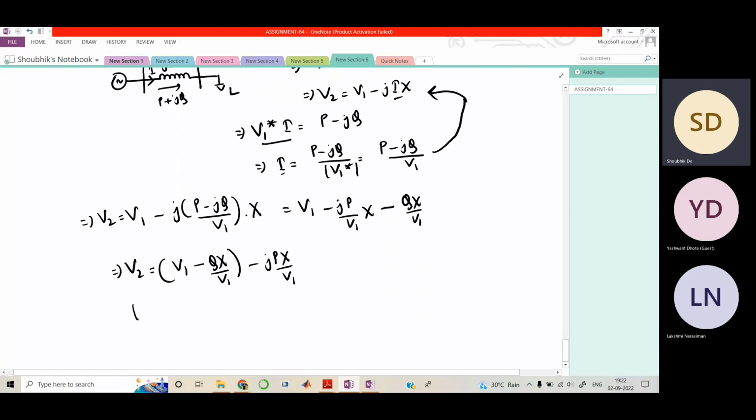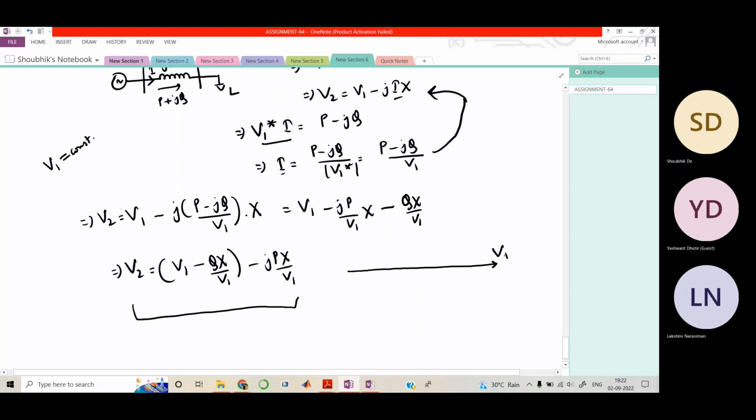Now let us draw the phasor diagram of it. For reference, as you know, the sending end voltage V1 is always constant, and it is generally taken as the reference. So this would be your V1. Now we have this negative term here, which would be reducing the magnitude of V1.